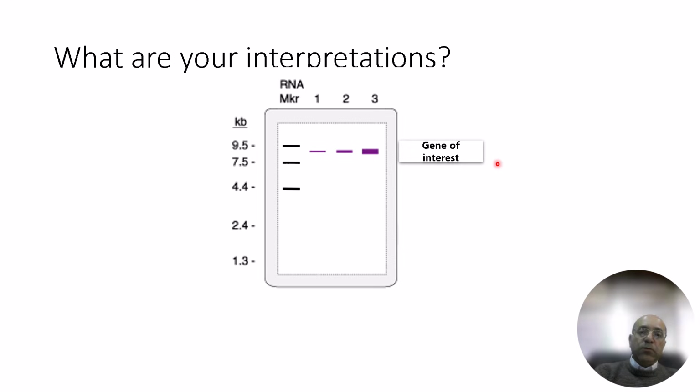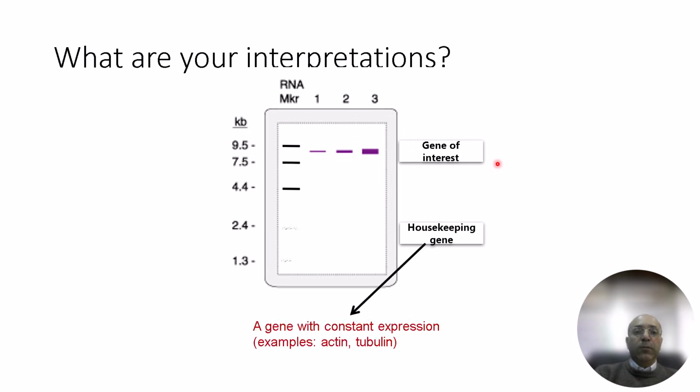So one would say, let's look at the expression of a housekeeping gene. By looking at it, we see that the expression is equal, meaning that the increase that we see here is true. It's a real increase in the expression of that particular gene, because the expression of the housekeeping gene does not change, indicating that we've used the same amount of sample.